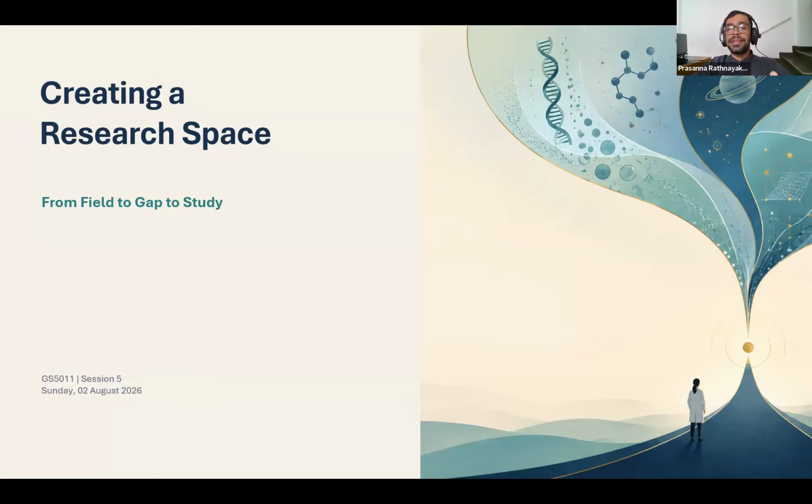Very simple plan. This writing and the reading of the research is actually a path. We let the reader see the field first, then we let the reader see the unresolved need within that field, and then the reader sees why your study belongs there.